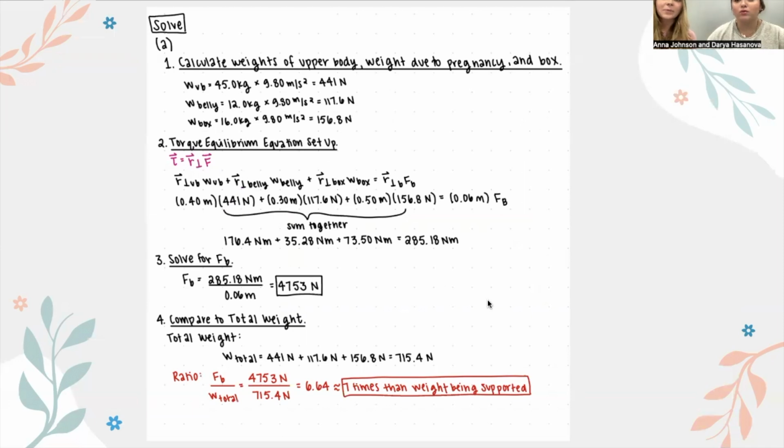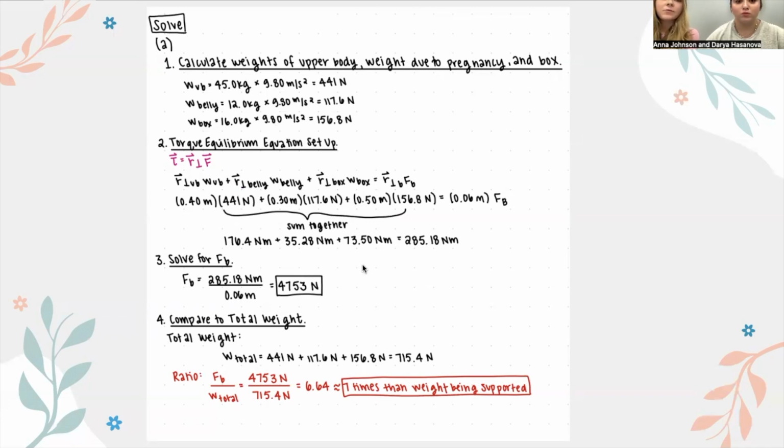All right, so in part A or part one, we are going to figure out the force of the back muscles, and we are going to be comparing that to the total weight. So firstly, we started by calculating the weights of the upper body, the weight due to pregnancy, and the box. By doing that, we're given all our mass values and multiplied all of those by the force of gravity.